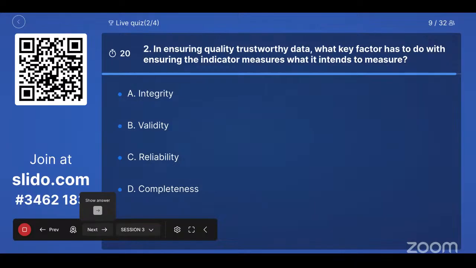In ensuring quality, trustworthy data, what key factor has to do with ensuring the indicator measures what it intends to measure? So these are some of the qualities of data that were discussed in the morning. Time up.